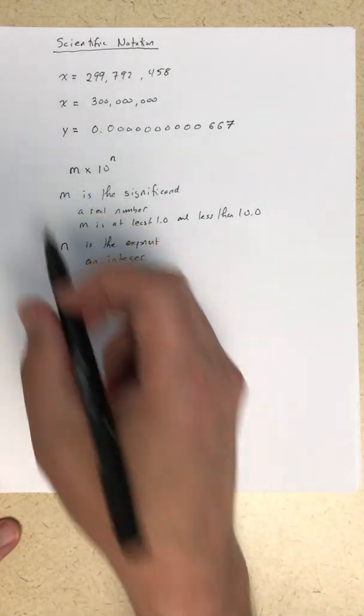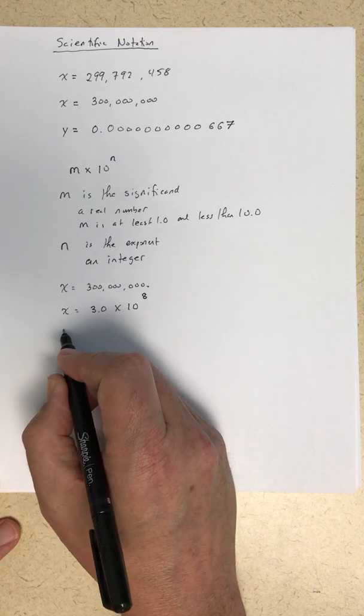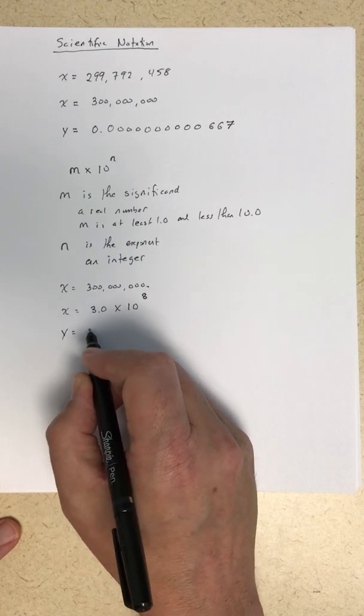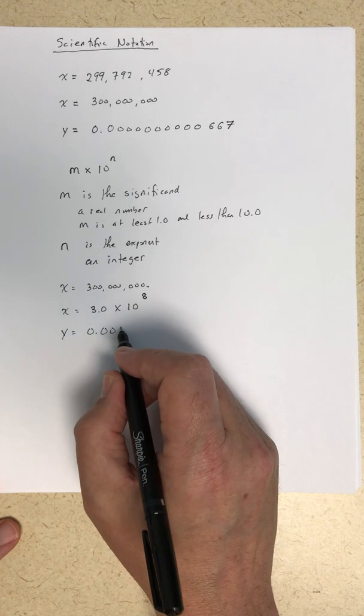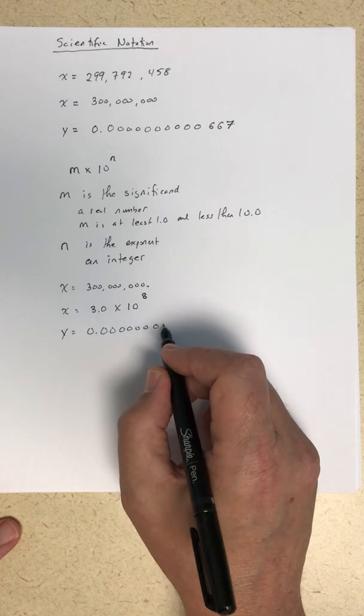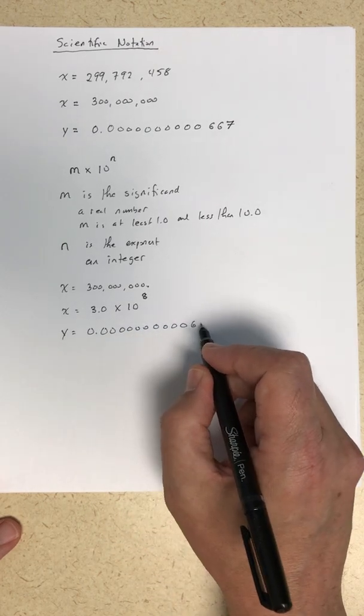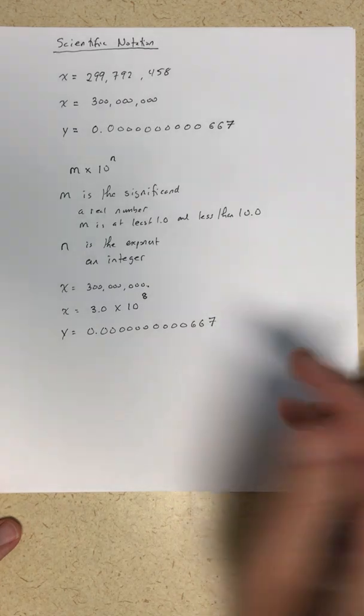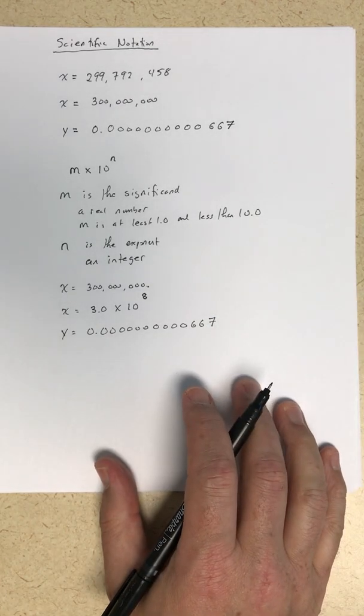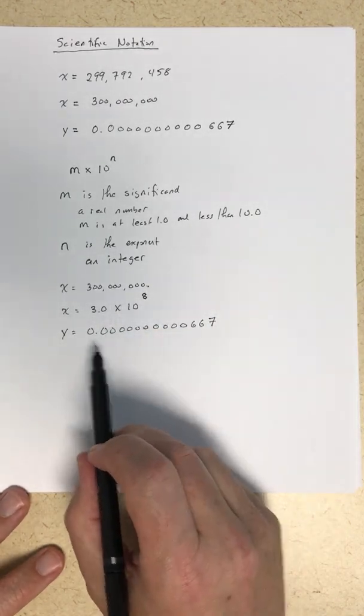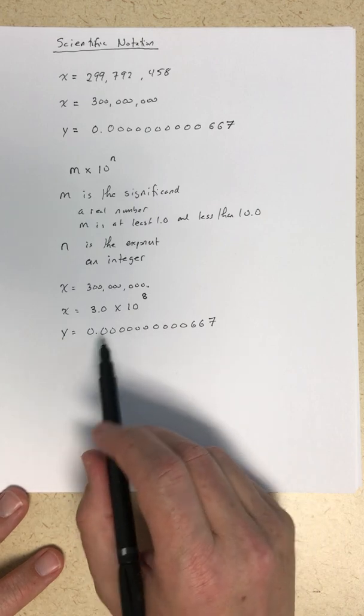Okay, and now let's try our y. 0.667. So what's the correct power of 10? So what's the exponent n?